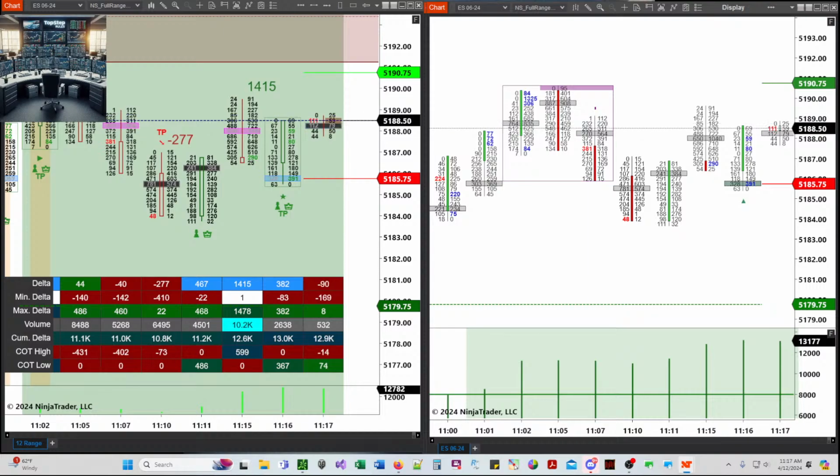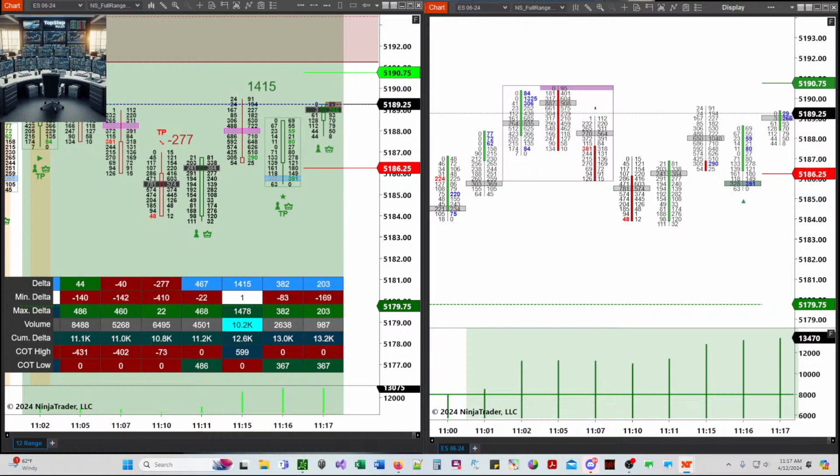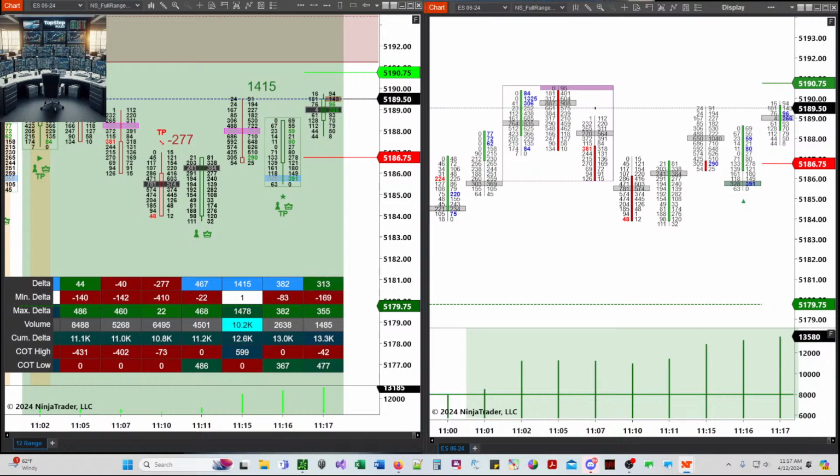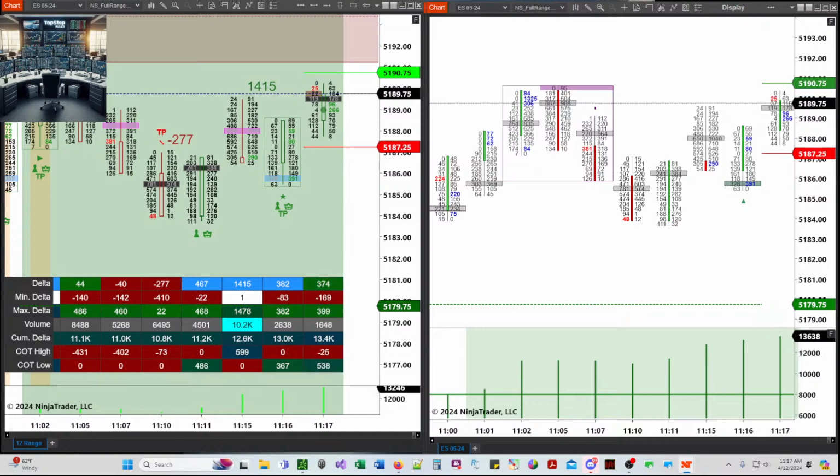Cume Delta is way above the, well, not really way above it, but it's above it and above that moving average, and it's still climbing up. I think we're shifting here, guys. Definitely shifting.